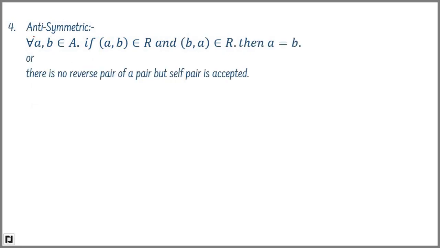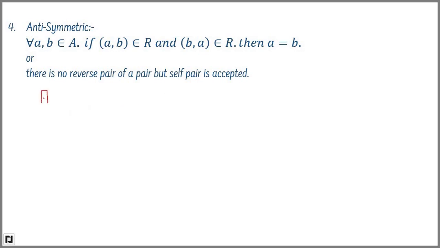Now the fourth property is antisymmetric. For all a and b which belong to A, if the pair (a, b) belongs to R and (b, a) belongs to R, then a equals b. This condition should be satisfied. Or there is no reverse pair of a pair, but a self pair in antisymmetric is accepted. Let's take an example.